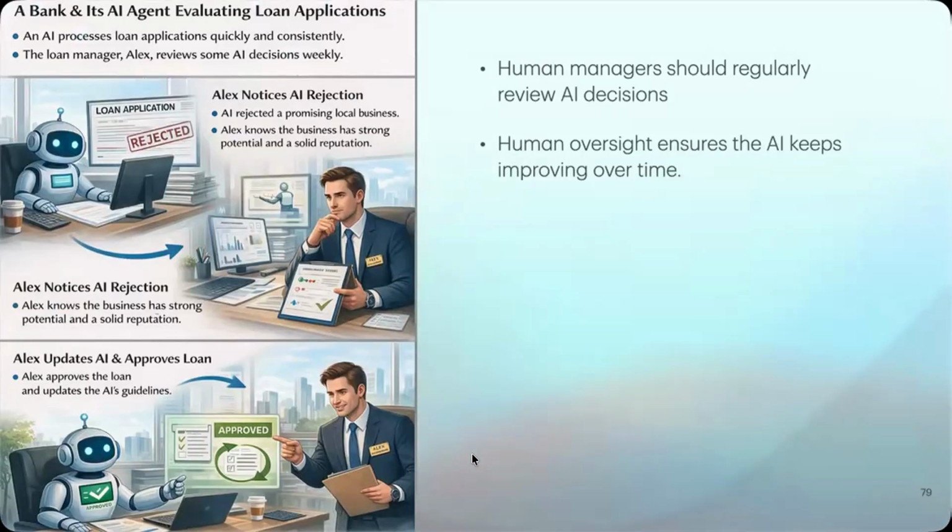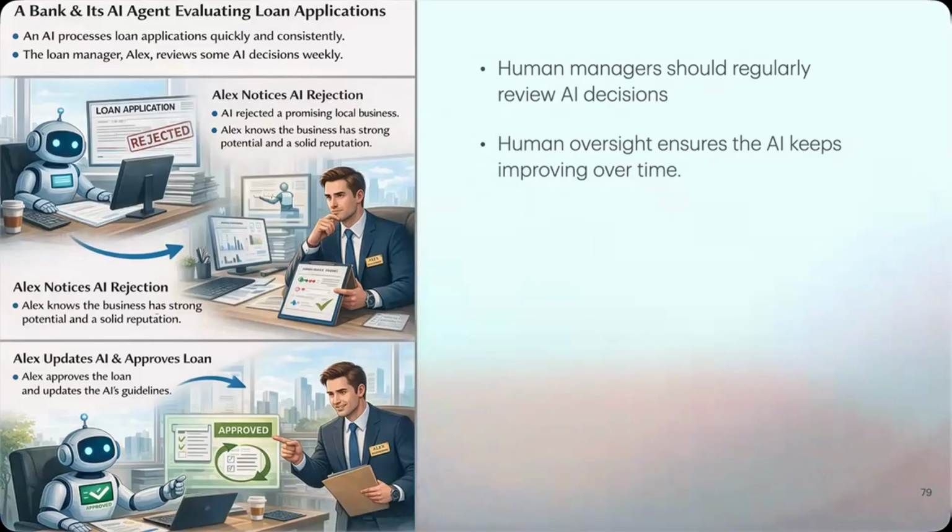Another important responsibility for human managers is regularly reviewing AI decisions. For example, imagine a bank using an AI agent to evaluate small business loan applications. The AI processes applications quickly and consistently, but the bank's loan manager, Alex, still reviews some of the AI's decisions every single week.